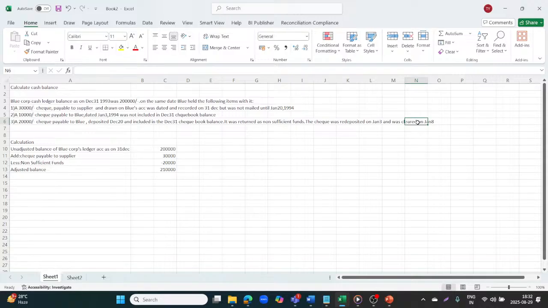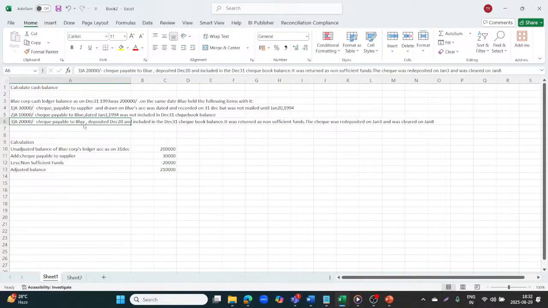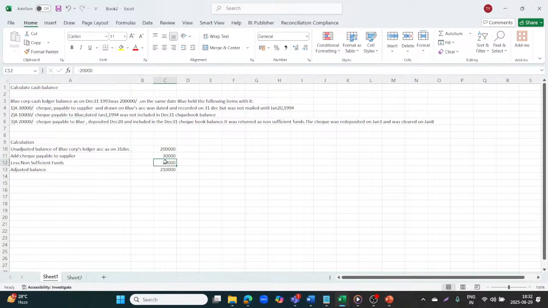Should it be included in the cash balance till 31st December? Yes, the initial check date we'll consider, and the initial check date was 20th December. So less, we'll reduce the non-sufficient funds of 20,000. The adjusted balance will be: we add 30,000 because we are paying the check to somebody, and we reduce the funds, so it will be 2,10,000. This is how you need to calculate your cash balance.